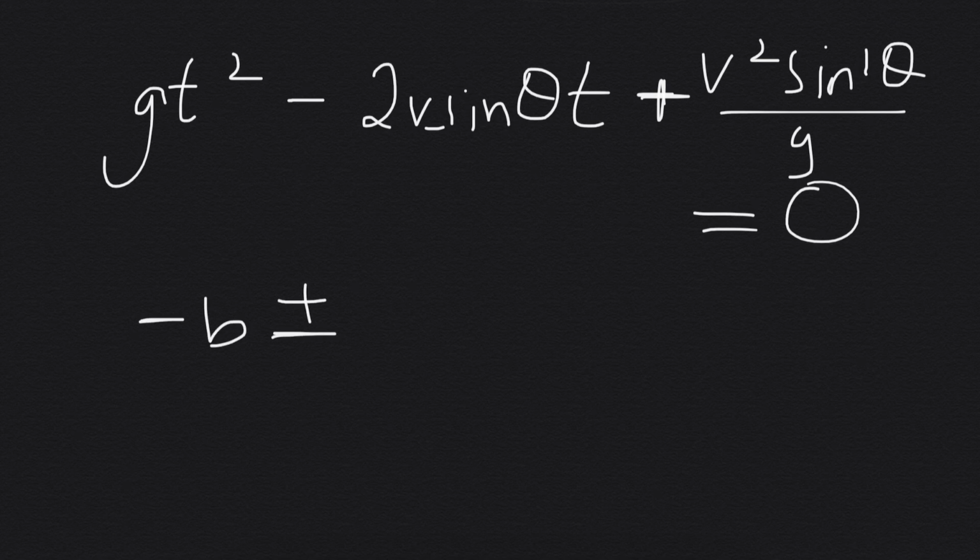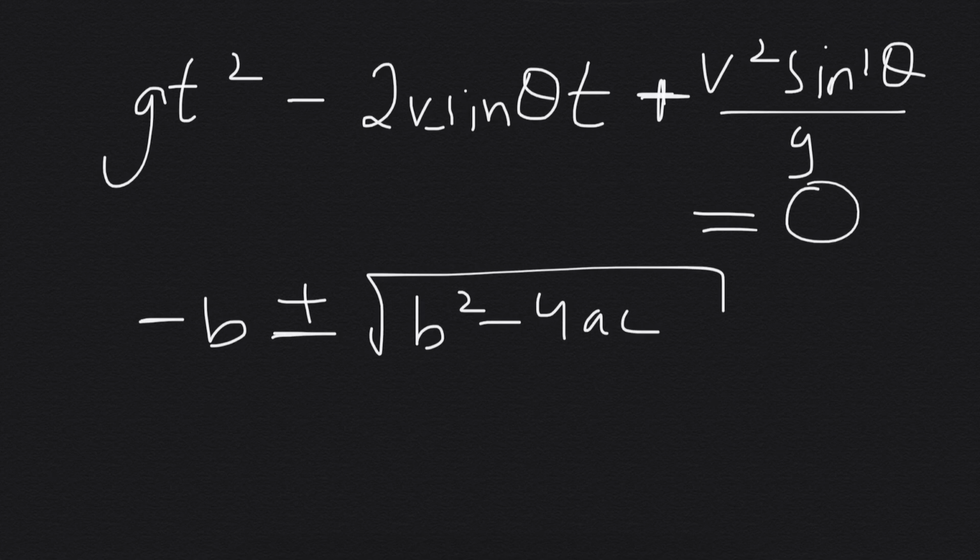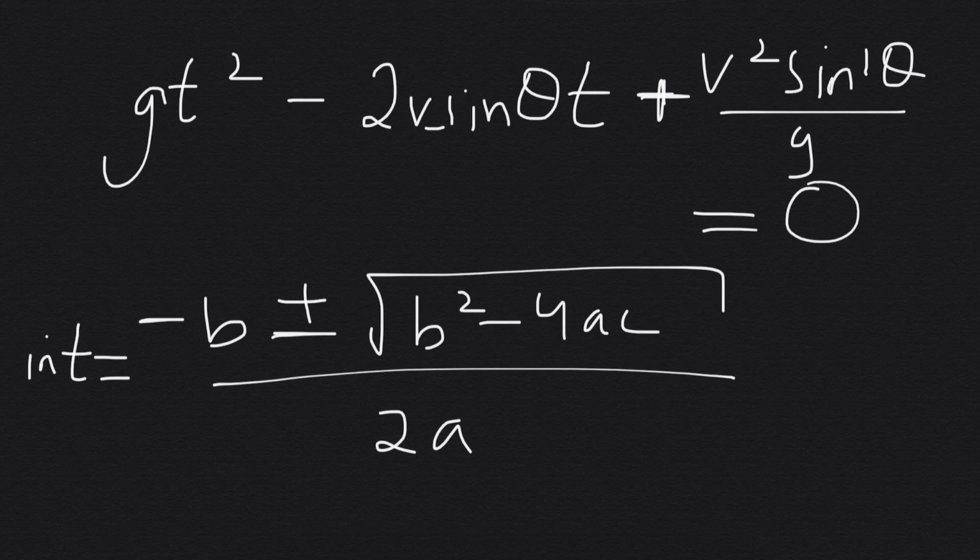So let's see. Remember, minus b plus or minus the square root of b squared minus 4ac, divided by 2a. That's how you solve and these are what the intercepts are equal to. Well, that's how you are going to solve this equation. You might be confused, what does this mean? Just take the t's and make them into x's and you'll see what I'm talking about. And what are these b's, a's, and c's?